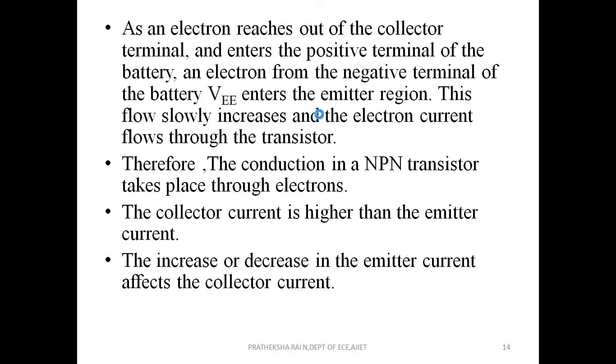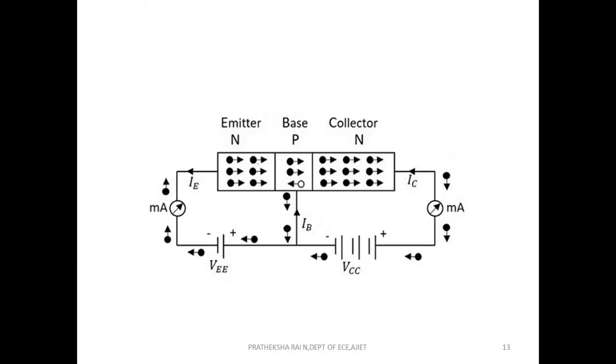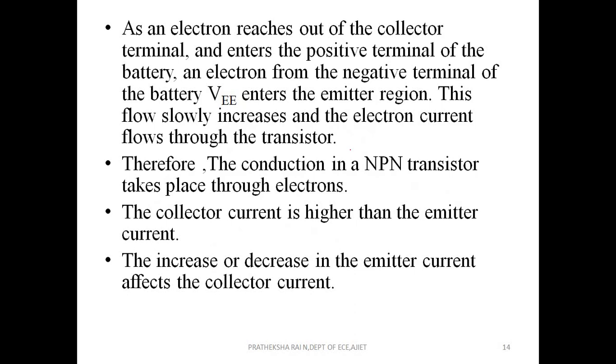Here, if more electrons are emitted, the collector current is higher; if fewer electrons are emitted, the collector current is lower. So we can say that the collector current is indirectly related to the emitter. The emitter will control the current that is flowing in the collector.